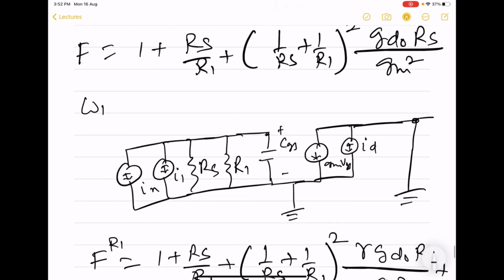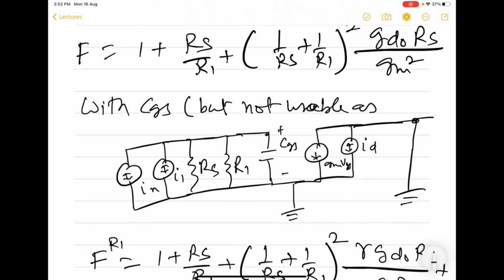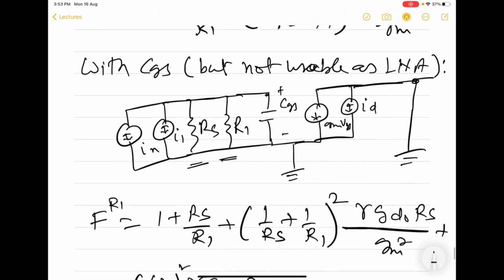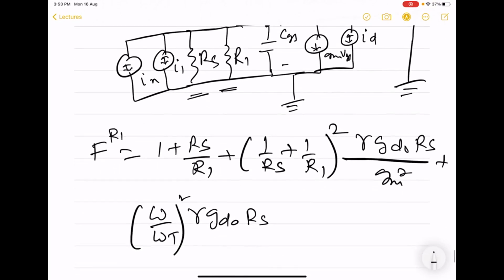So this is with CGS, but not usable as an LNA. This is just to illustrate that taking current sources for these 2 resistors for their noise contribution will be easier to handle. So this is about the resistively terminated LNA.